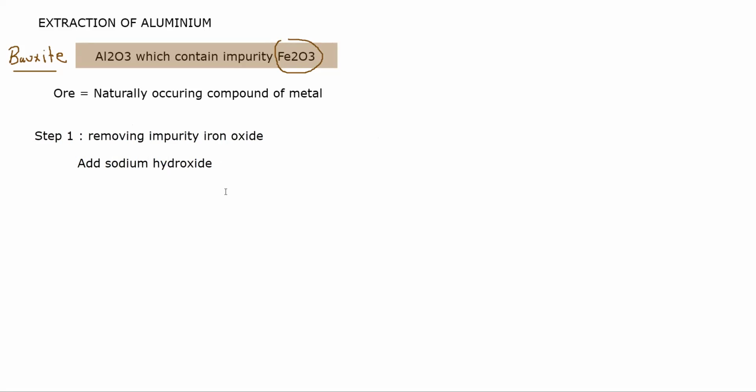When we add sodium hydroxide to aluminium oxide and iron oxide, remember the nature of aluminium oxide is amphoteric, as we discussed in the types of oxides. And iron oxide is a basic oxide.